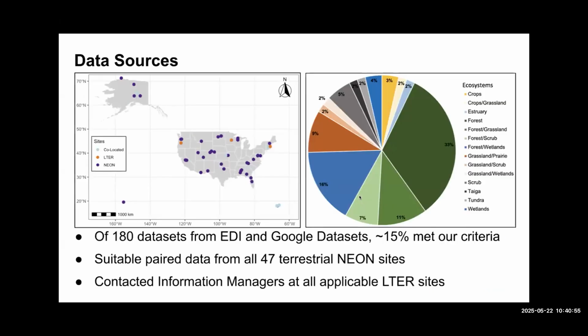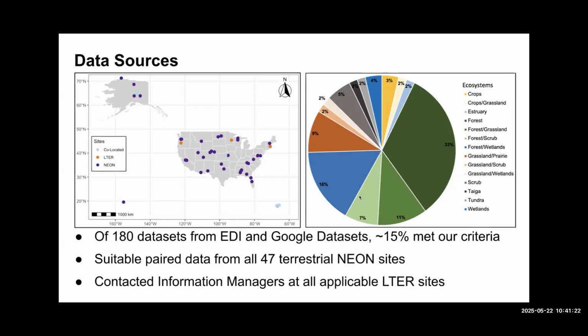So we wanted to summarize a little bit of what our data search was able to compile so far. First we tackled data searching in EDI and Google Datasets, primarily using the standard search terms that one would imagine for looking for above and below ground plant-microbe community data. We were able to comb through 180 data sets very closely.